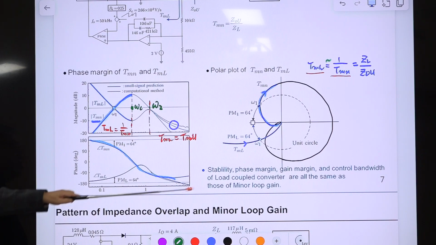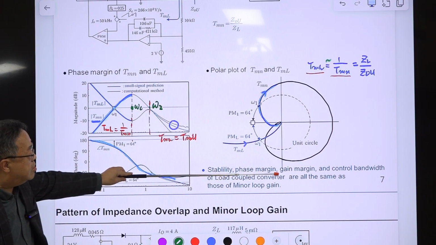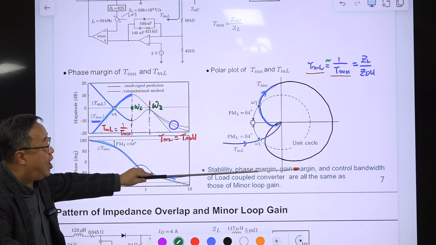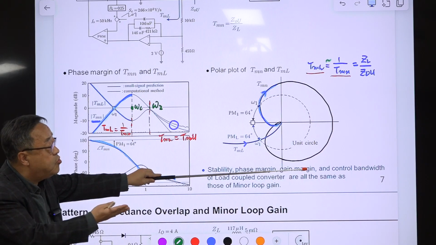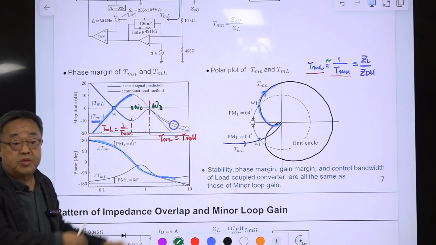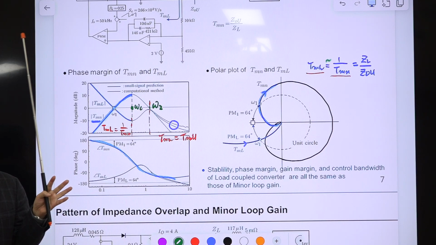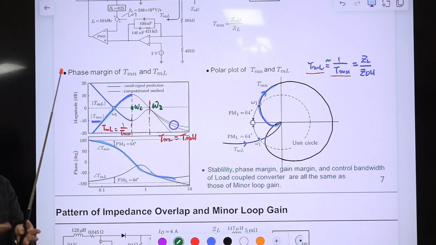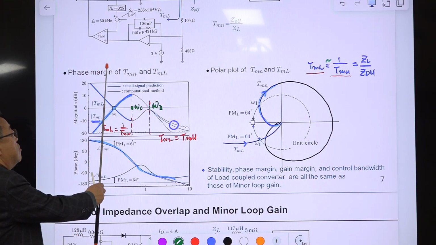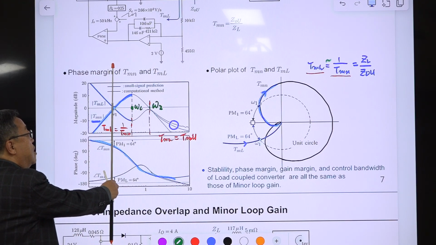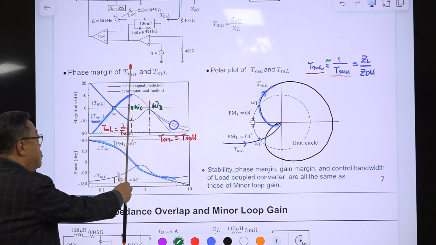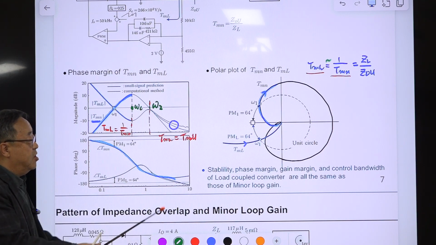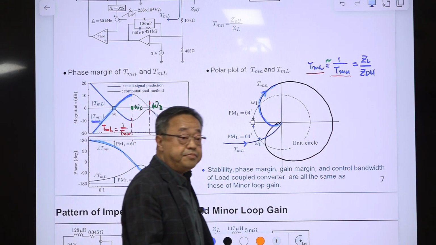So everything is the same. The minor loop gain and the converter loop gain with the load subsystem coupled are the same in every sense. High frequency can be different, but everything is determined here. Stability is determined here, and the phase margin and gain margin will be determined somewhere here. So they are the same.